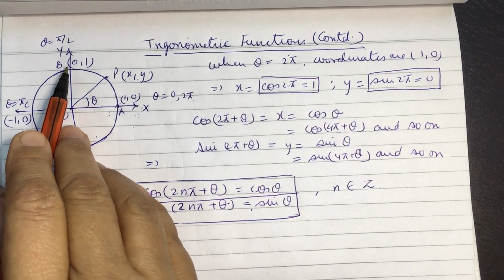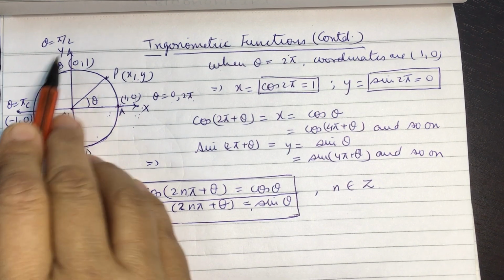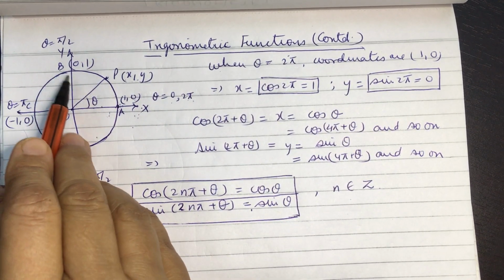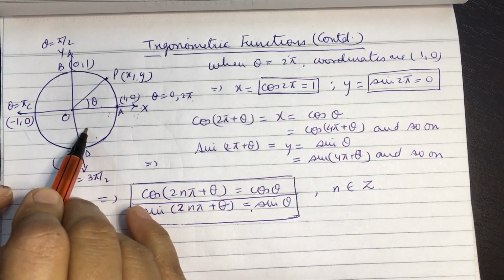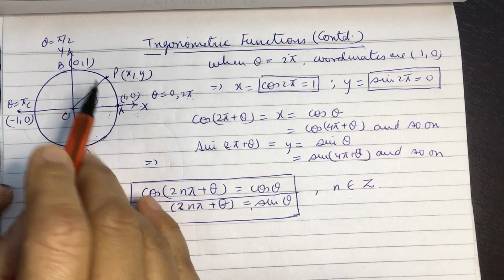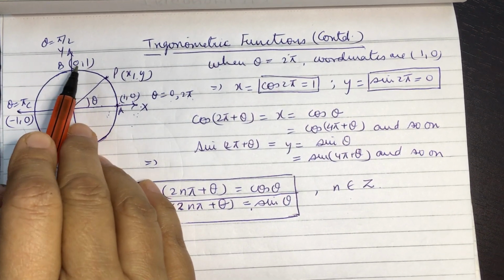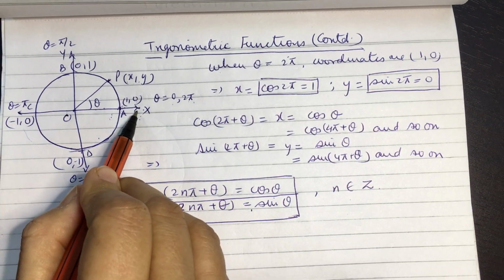Similarly, when we are at pi by 2, or 2 pi plus pi by 2, or 4 pi plus pi by 2 and so on, we are at the same point B. After executing one full circle of 2 pi, we arrive at the same point, so the values of cos and sine would be the same.